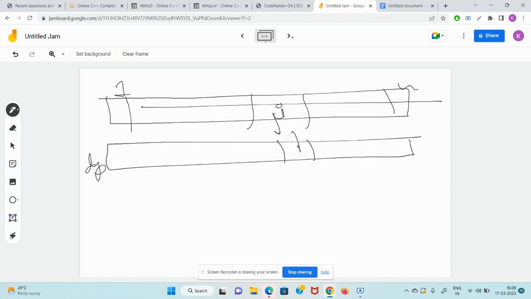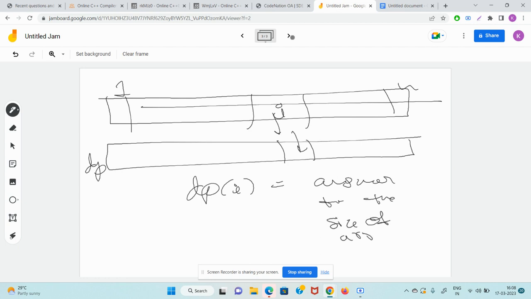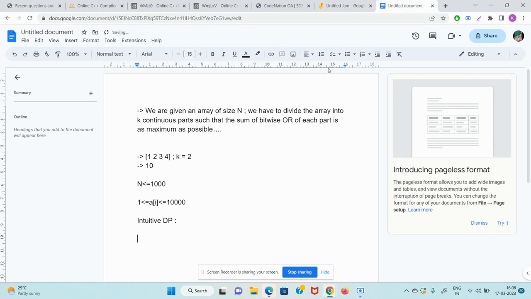Just assume that dp of i gives the answer to the question if we consider only the first i elements.